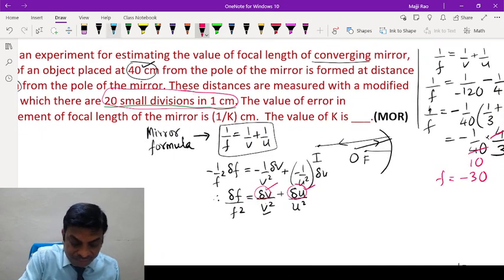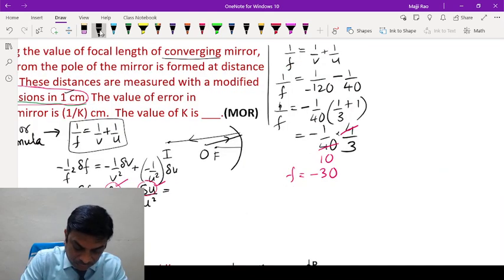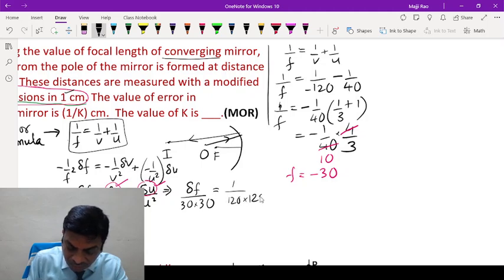So substituting this, we have delta f by 30 into 30 is equal to 1 by 120 into 120 plus 1 by 40 into 40 into delta u. Delta u is 1 by 20. So we have to cancel zeros throughout. Zeros have already been cancelled.